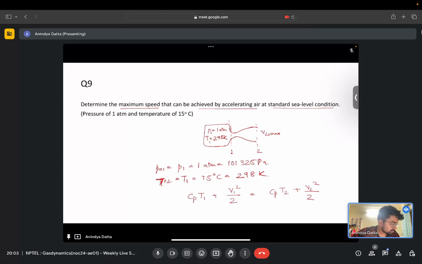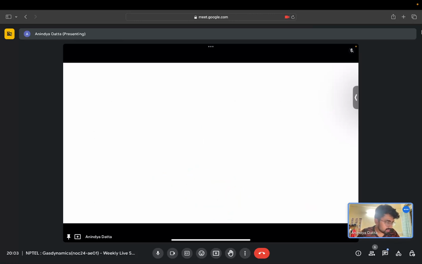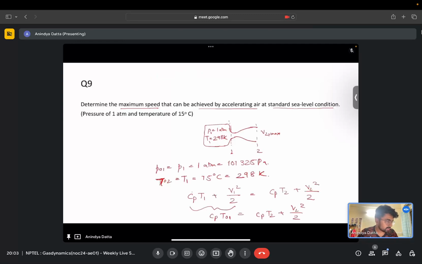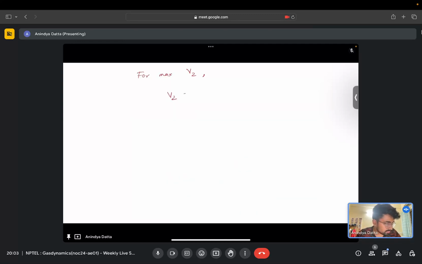Now V1 is obviously equal to 0, so we can write this as Cp T0, or Cp T01 as well. Now, when can we get maximum V2? Let me write this: V2 is equal to the square root of 2 Cp times (T01 minus T2), right?